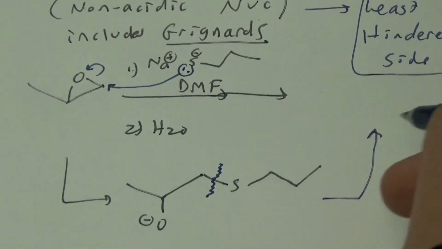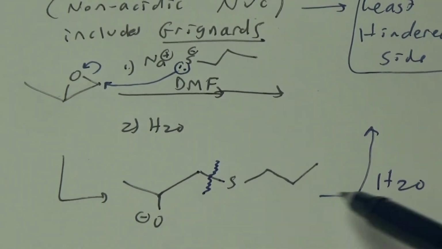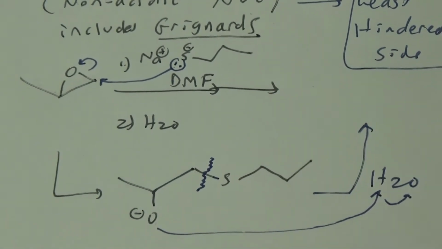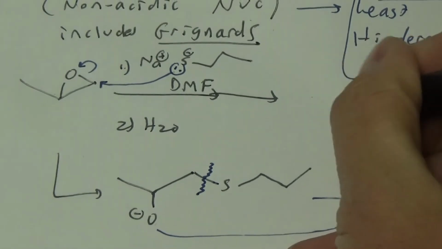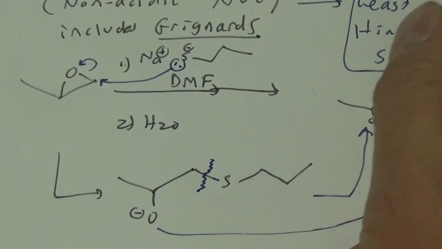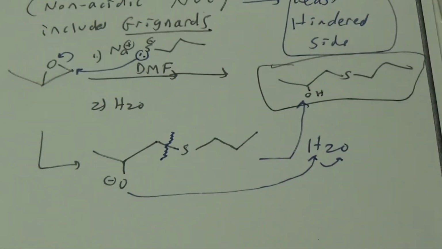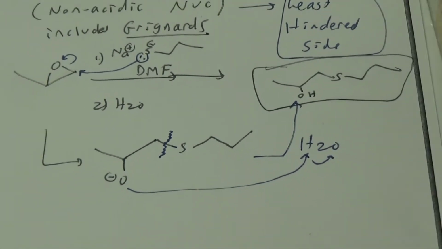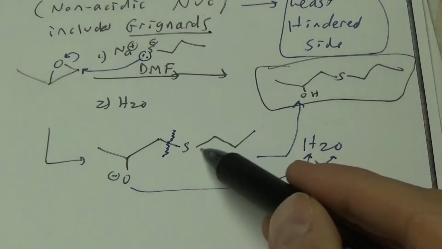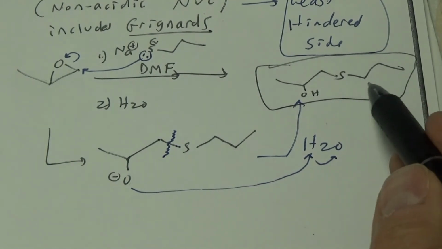And what does water do? O minus is a proton donor. We could either do the zigzaggy way, or this might be better to draw up, down, up, rather than down, up, down.